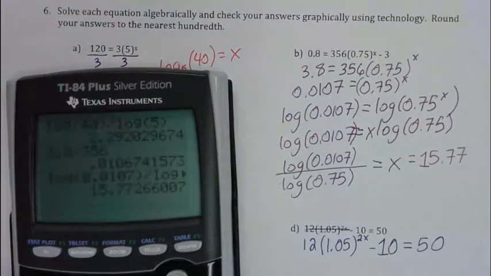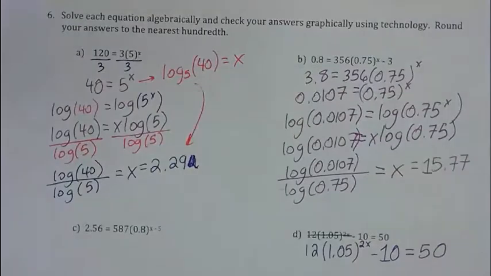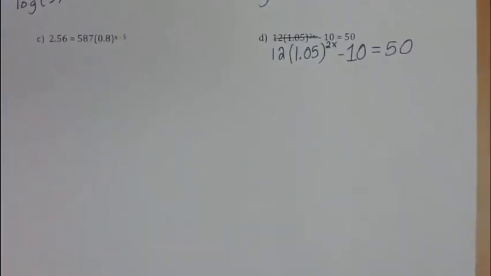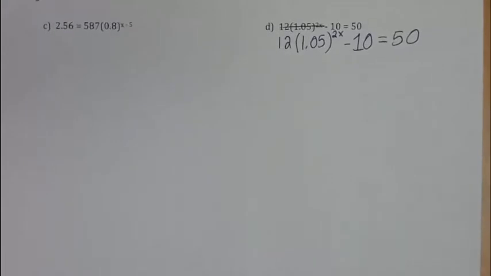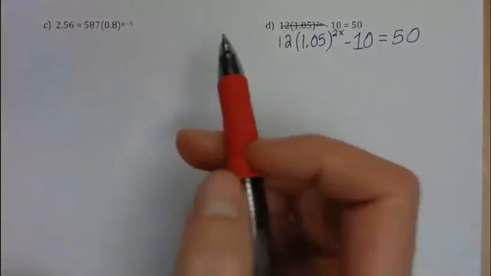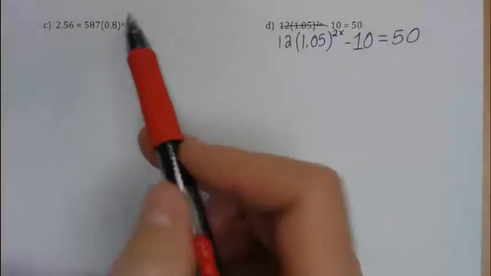So that takes care of problem B. Moving to problem C, we can scoot our paper up a little bit. We have now 2.56 equal to 5.87 times 0.8 to the power of x minus 5. You'll notice we have an x minus 5 there as the difference in this problem.